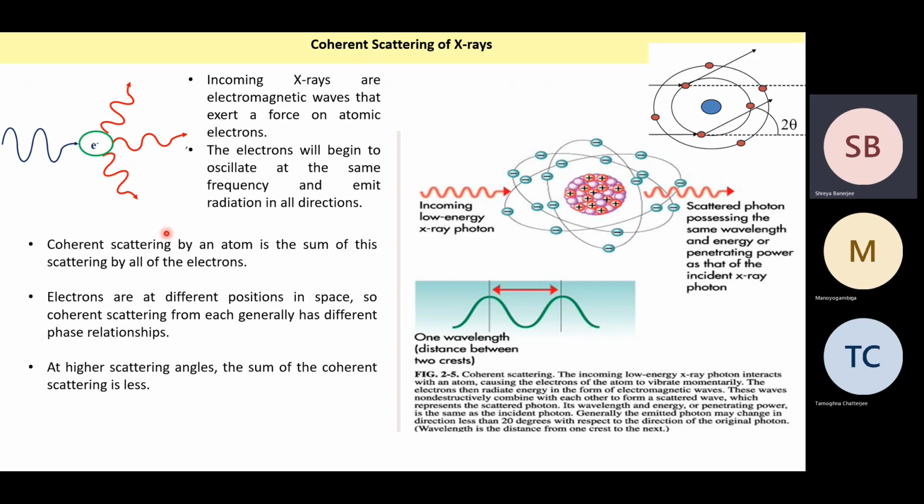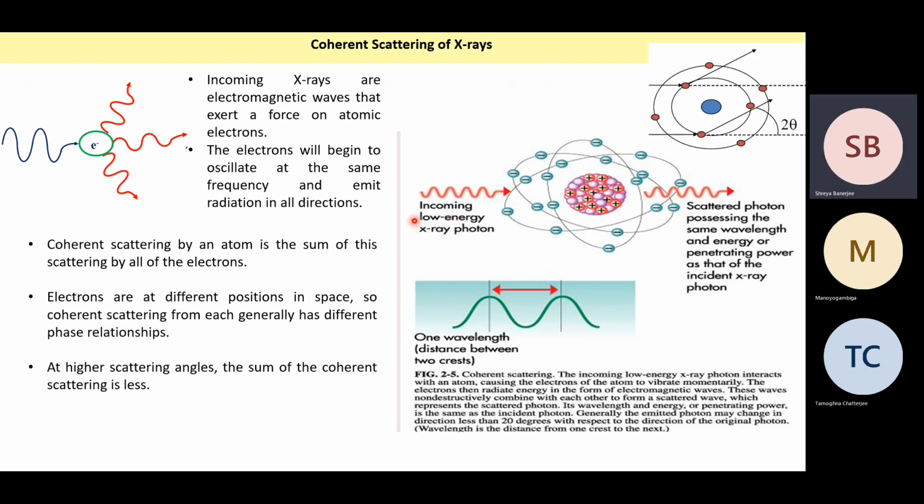This is called coherent scattering, and it is the sum of all the scattering by all the electrons. Electrons are at different positions in space, so coherent scattering from each will have different phase relationships. And at higher scattering angles, the sum of the coherent scattering will be less.